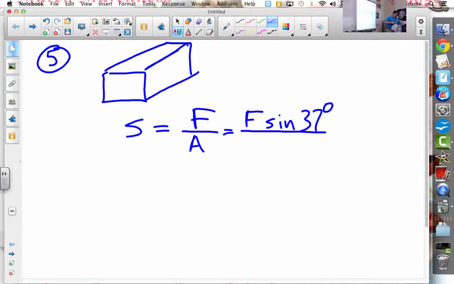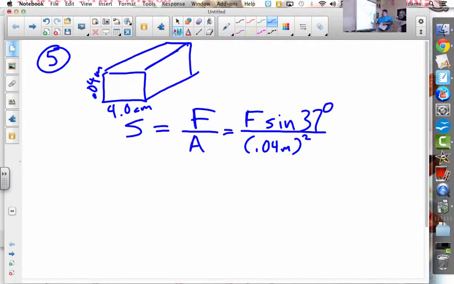Now, they said it's a square, and the side length of the square was 4 centimeters. So this was 4 centimeters, and this is 4 centimeters. But remember, 4 centimeters is 0.04 meters, right? And so the area of that is 0.04 meters squared.